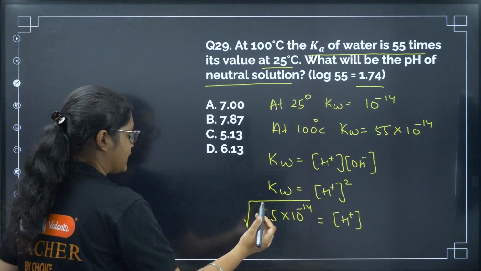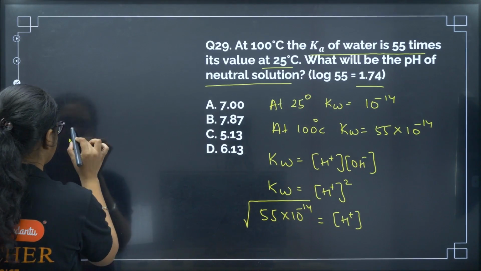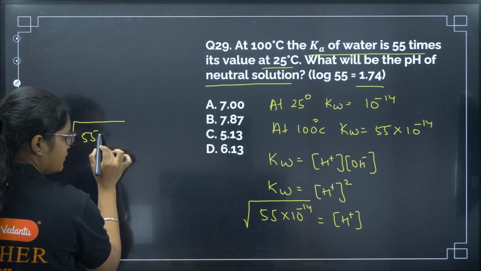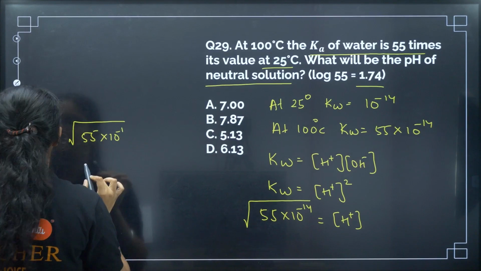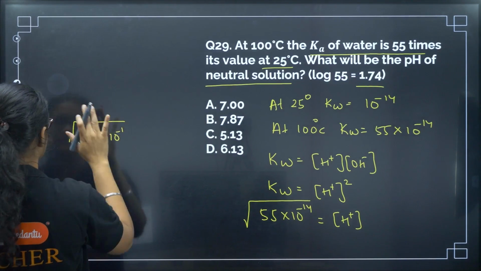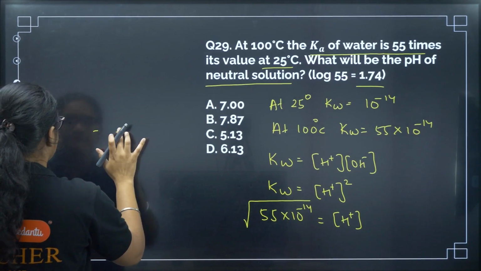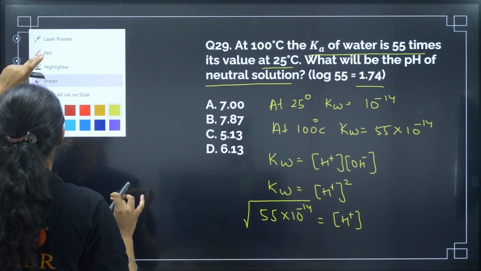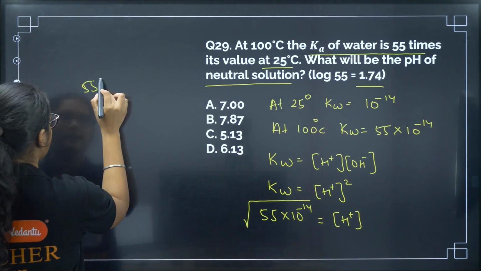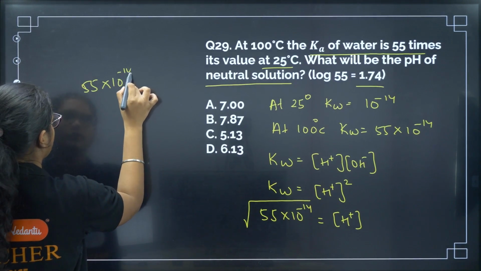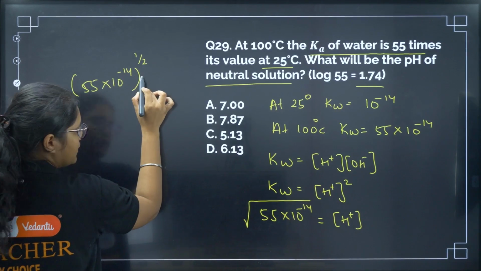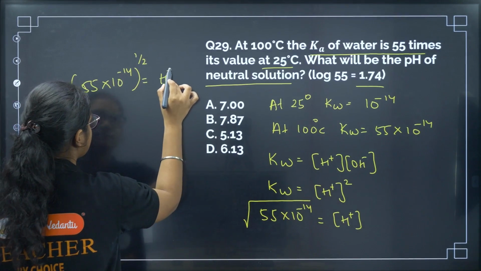So H plus is equal to the square root of 55 into 10 to the power of minus 14, that is, 55 into 10 to the power of minus 14 to the power of 1 by 2 is equal to H plus.